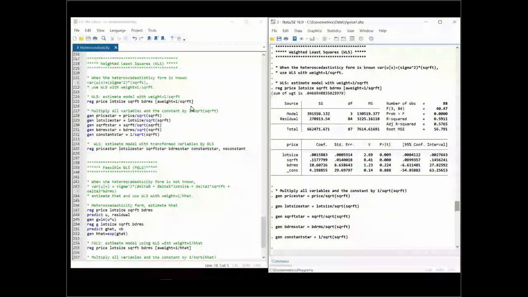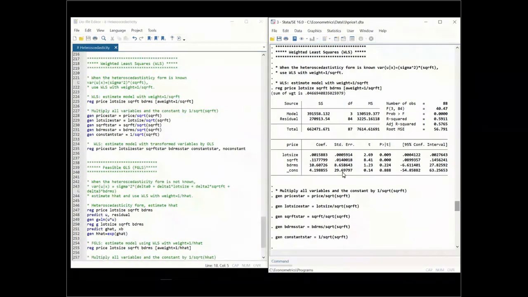And when we estimate the model, this is what we would see for the regression model. We would have regression of price on the other independent variables. Here is the analytical weight that we would have, which would be 1 divided by the square footage of the house. And if you look at the coefficients and standard errors, they would be actually different than the coefficients and standard errors of the original model after correction.